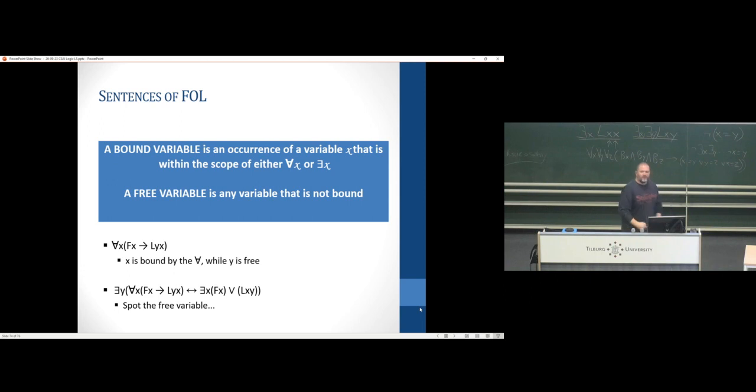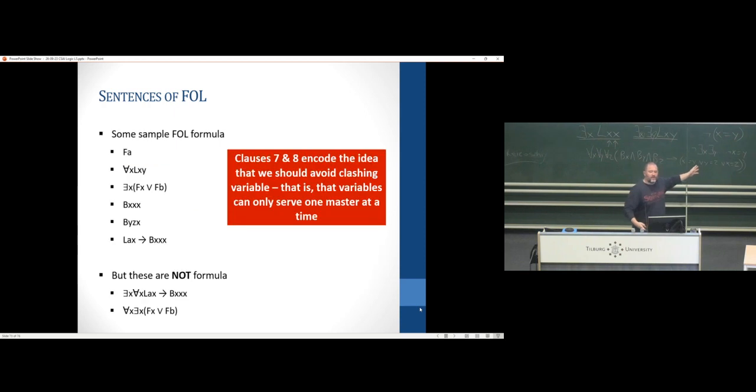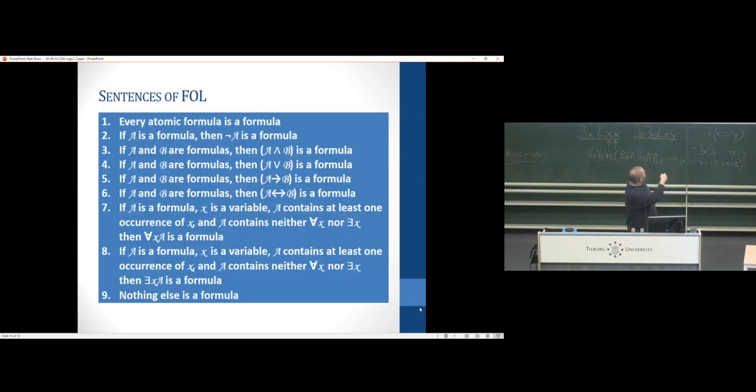Okay. So this is a weird kind of run-up, but finally, to tell you the definition of an FOL sentence, it's going to be a formula that has no free variables. So remember, a formula was one of the ones that satisfied our definition, to go back a few slides.